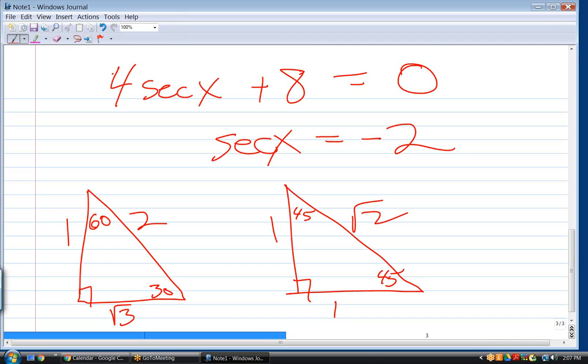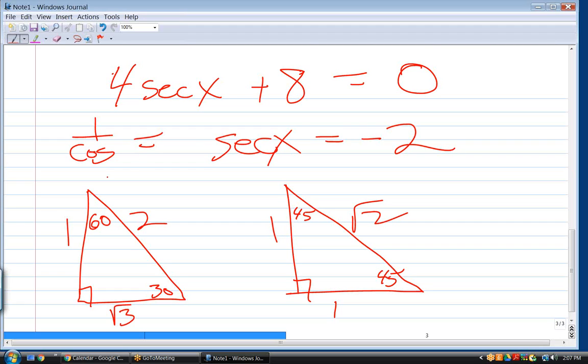Okay. So first of all, what is the secant the reciprocal of? Cosine. Okay, so it's 1 over cosine. Where is the cosine equal to minus 1/2? 2 pi over 3.